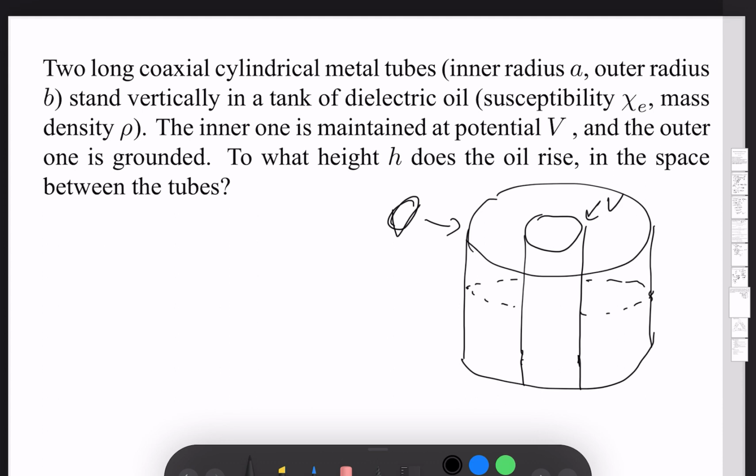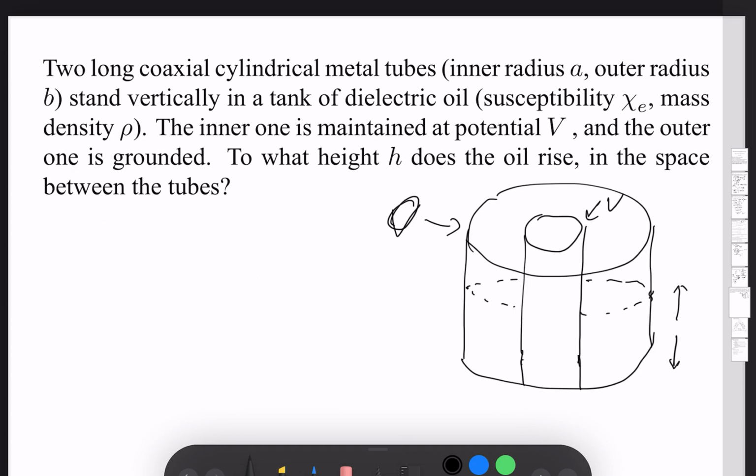you will introduce some electrical field, and then this field can pull some oil or some dielectric material up from the surface. Because of gravity, the oil will also go down, and then the electrical force that pulls the oil up will balance the oil's gravity pointing downwards, and it will reach an equilibrium position.